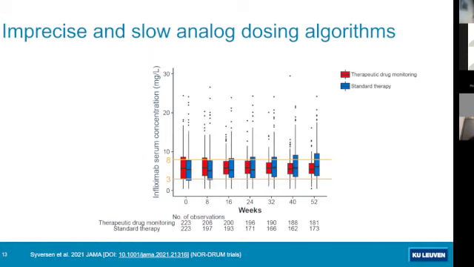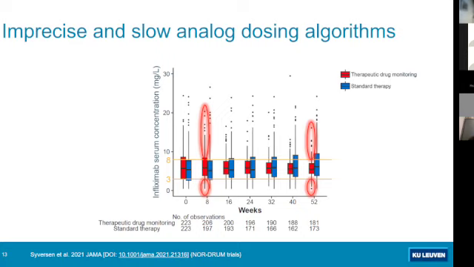And it actually shows very nicely from this plot from the recent Northern trial. You can find that plot in the supplementary files. And you can easily see that for the TDM arm, it really takes time for the concentrations to cluster within the therapeutic window. And at 1 year, there are still many patients who don't have infliximab trough levels within the therapeutic window, which is, by the way, a very broad therapeutic window, 3 to 8.